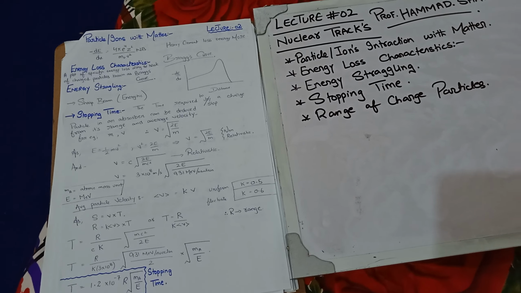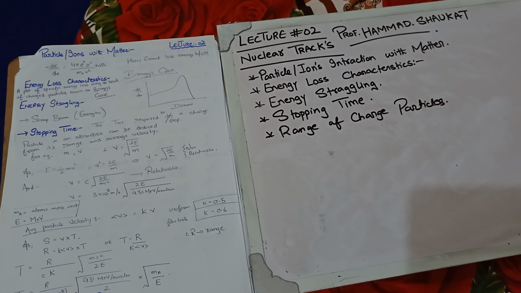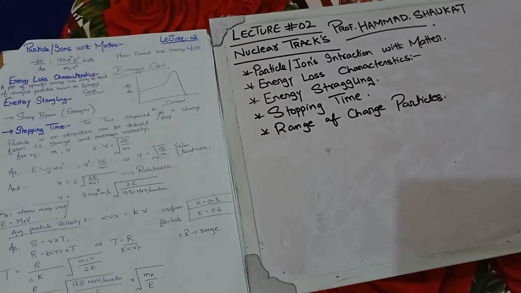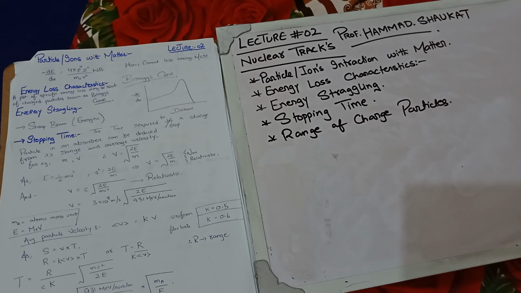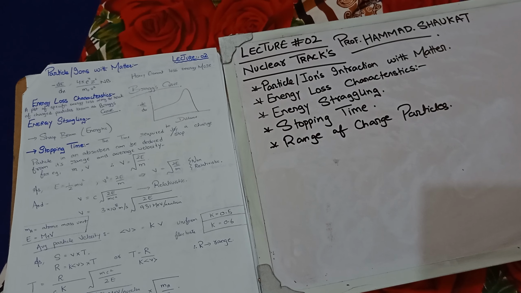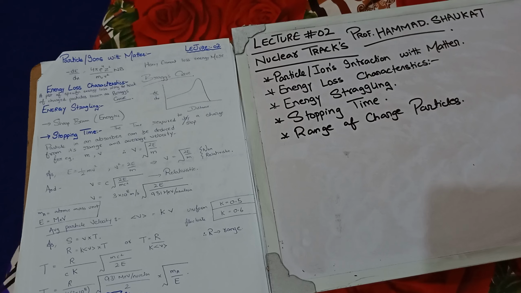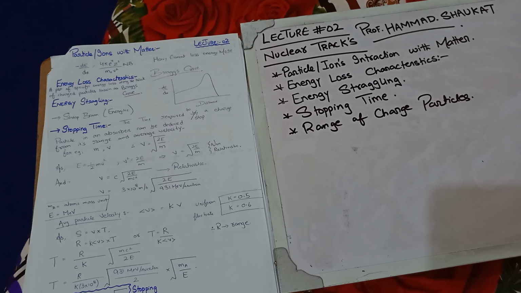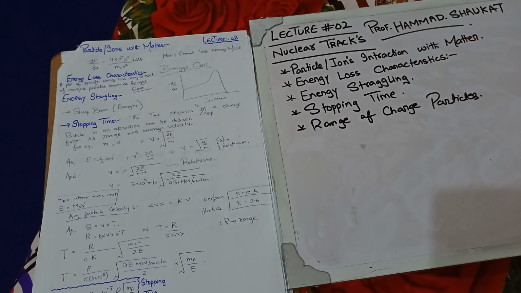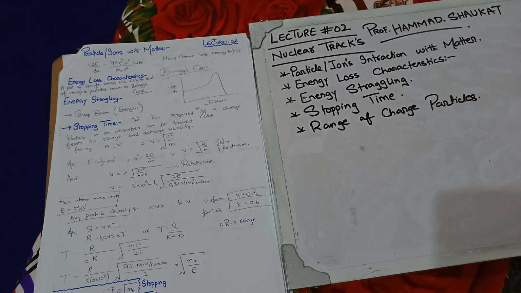First of all, to revise: when a charged particle having some mass m is moving with some velocity v and interacts with some matter, it is absorbed by the matter, and obviously there is some loss in its velocity.